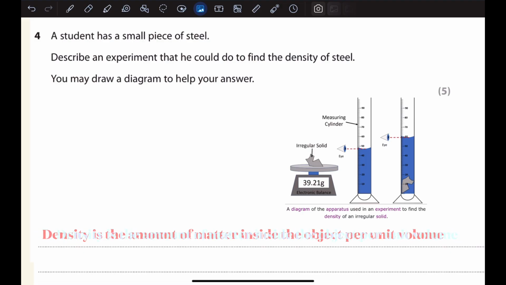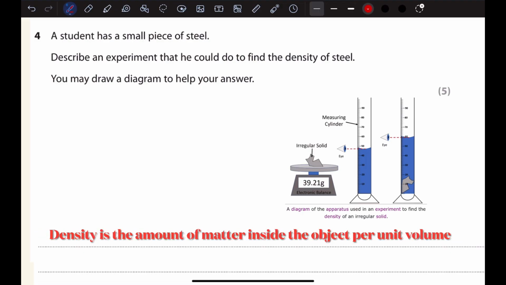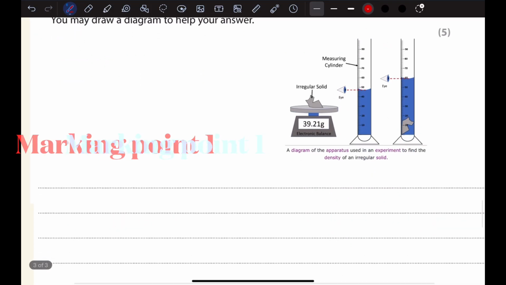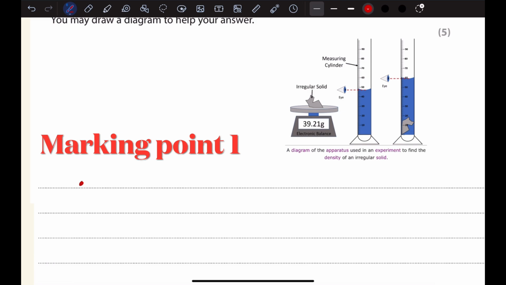The most important thing here, if you think about it, is that density equals mass divided by volume. I'm dealing with an irregular object. How can I do this experimentally? First point, I will measure the mass of the steel.